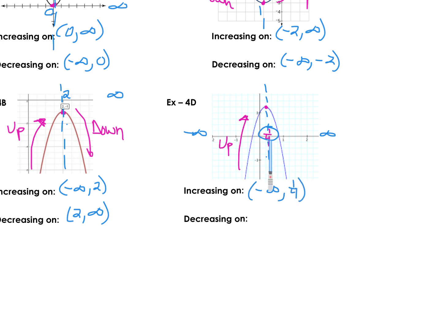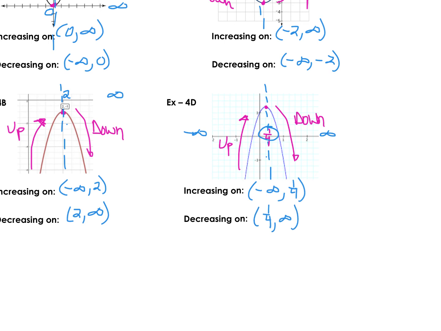And as we go from 1/4 to infinity, ride the roller coaster, y is going down. And because y is going down, we are decreasing from 1/4 to positive infinity.